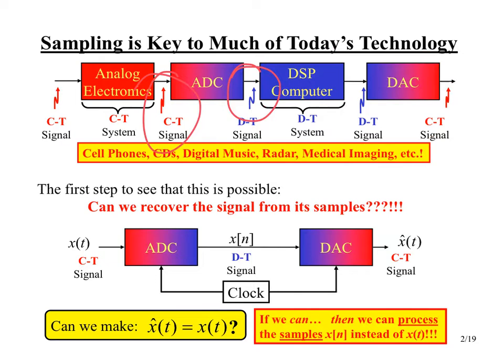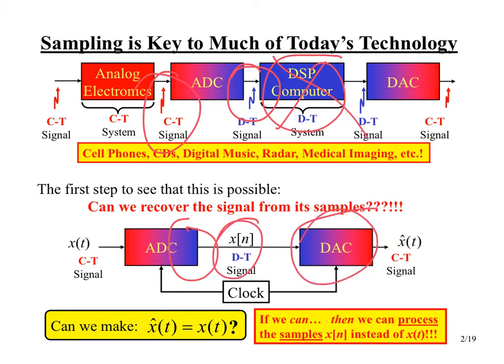To establish whether we can actually make samples that completely and perfectly represent a continuous time signal, and under what conditions we can do that, we remove this part. If we take out any processing and just simply take the samples and then immediately run them through a DAC and get back some signal, which for now we'll call x hat of t, we want to ask the question, can we make x hat of t equal to x of t?